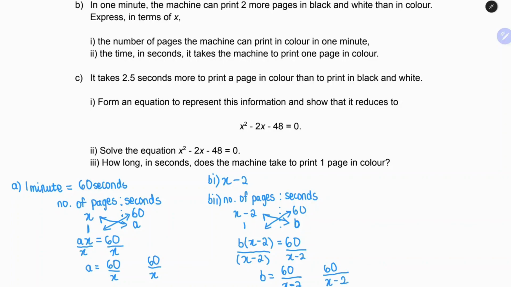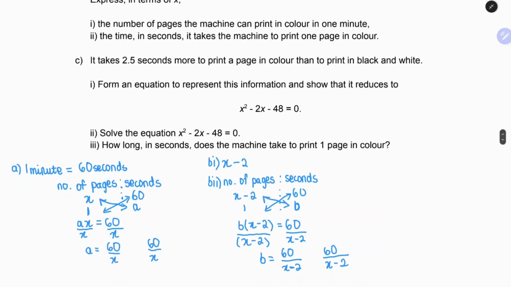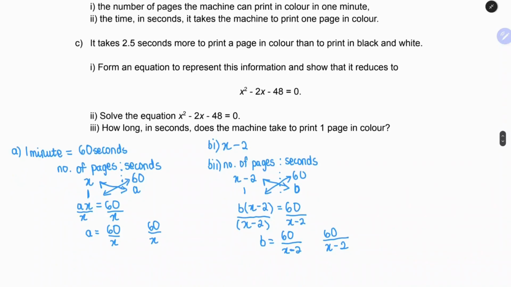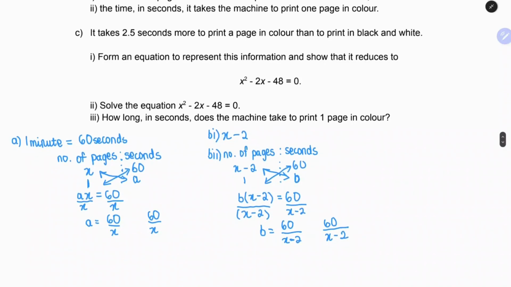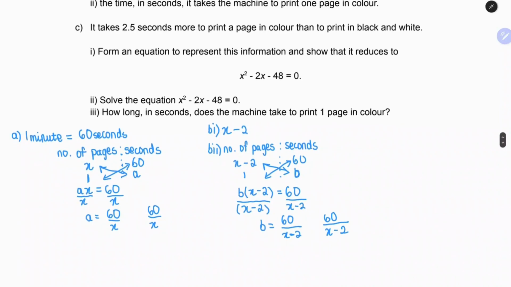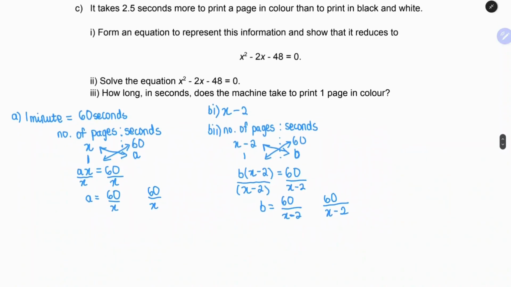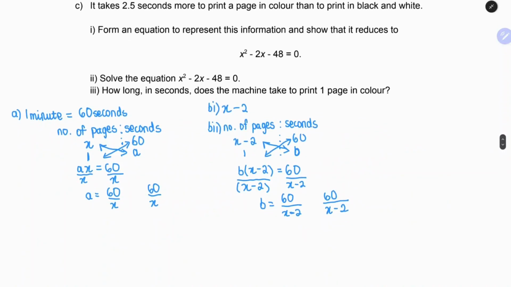And then you have 60 divided by x minus 2. So now, yeah, that's the time in seconds it takes the machine to print one page in color.